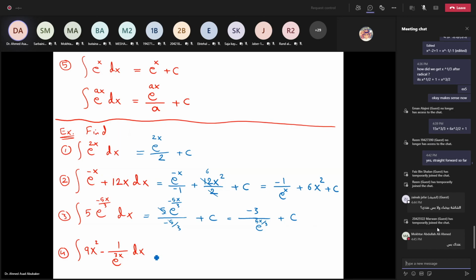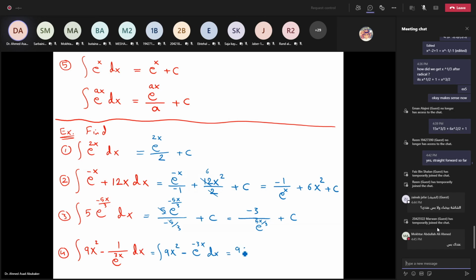Now, the number 4, 9x squared, we have 9x to the power 3 over 3. Before we find the integral, if we have e to the power of any x, 3x, 2x, we can write the e in the numerator, so this becomes 9x squared minus e to the power negative 3x dx. After that we can find the integration.